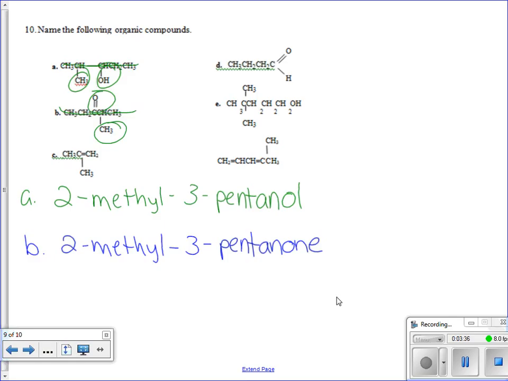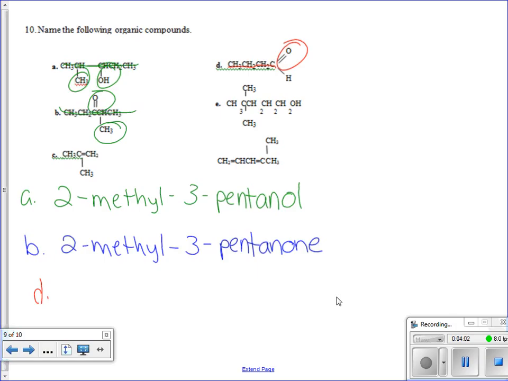Look at letter D. So now we have a double bonded oxygen, and it's on the very end of our chain. So remember, we can either count from left or right. If we count from the right-hand side, that double bonded oxygen is on the very first carbon. So now we have an aldehyde. On D, we don't have any branches, so we don't have to name them.